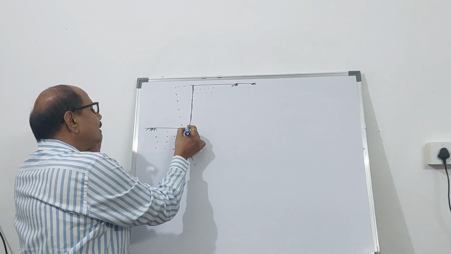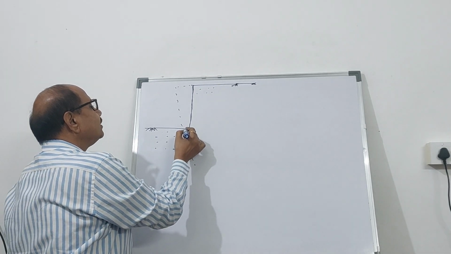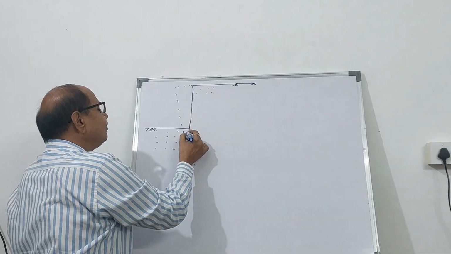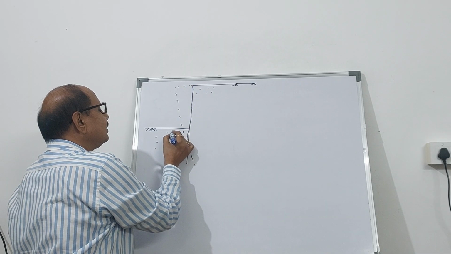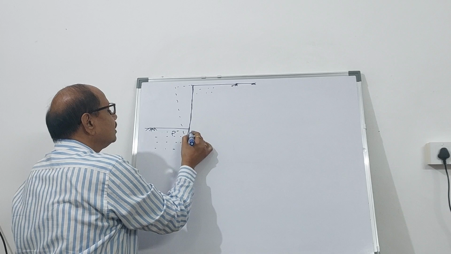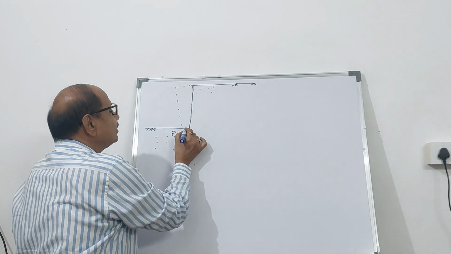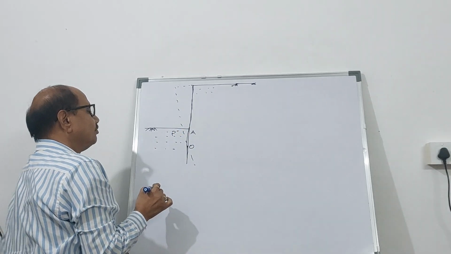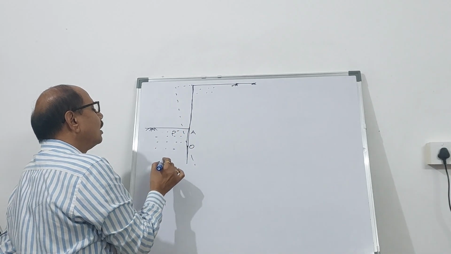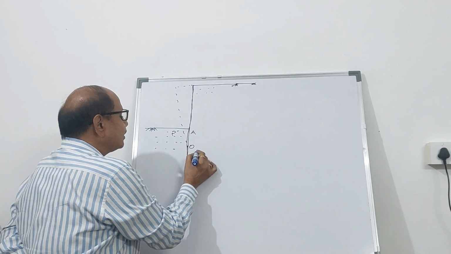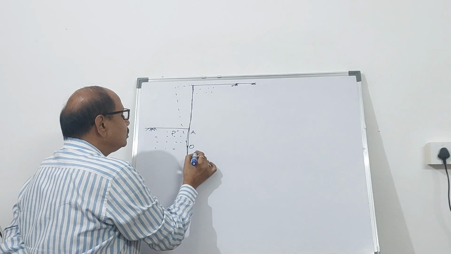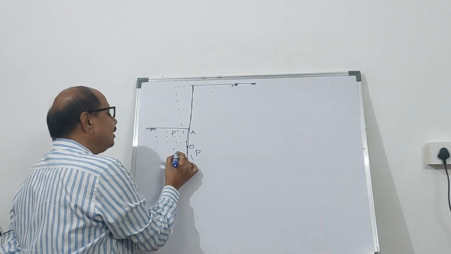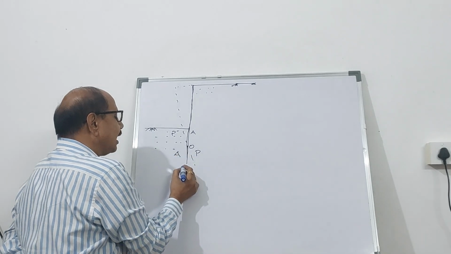And therefore, above the dredge line, it is all active, but below the dredge line, this side it is passive. And on the right hand side of the dredge line, it is going to be active. And this side, below O, it is going to be passive, and this side it is going to be active.